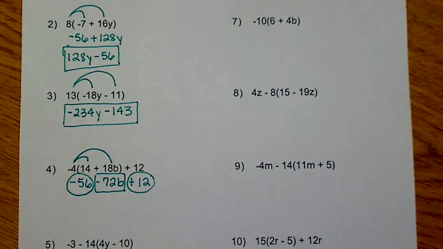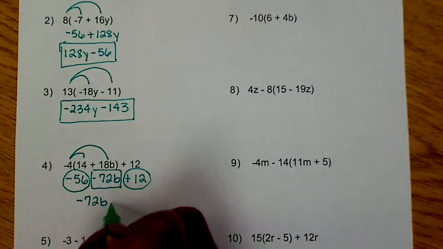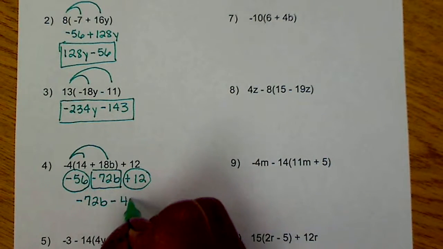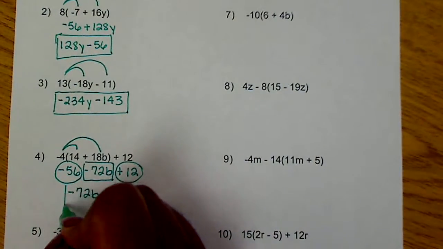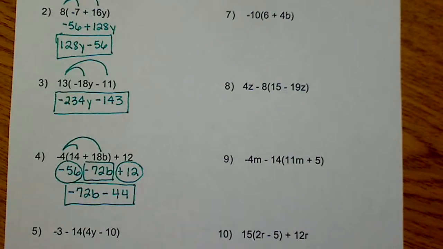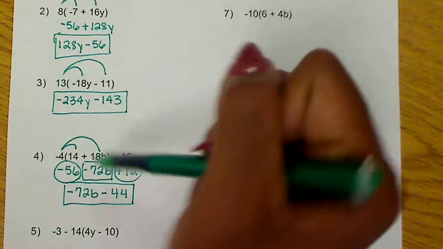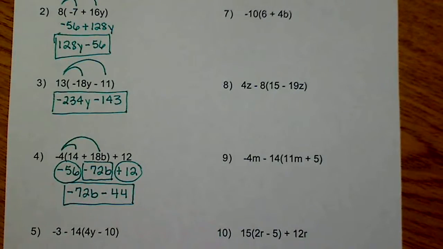So what would that leave me with? Correct. I would have negative 72b minus 44. And this would be my answer. First I had to multiply, and then I had to combine the like terms. That's called the distributive property.